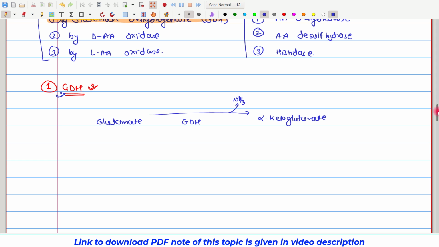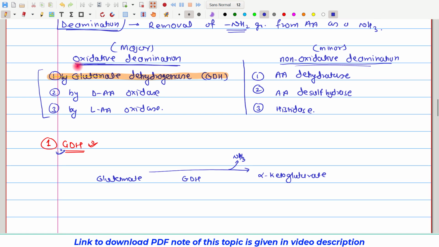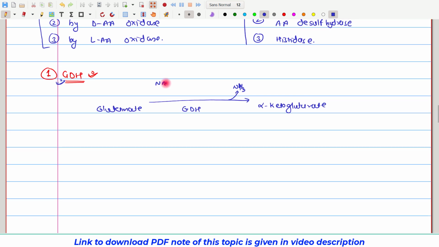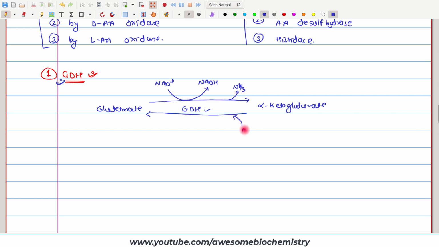But here, as I told you earlier, this is oxidative deamination. So, oxidation also occurs, and NAD plus gets converted to NADH. Now, just like transamination, this deamination is also reversible. Alpha ketoglutarate can be converted back to glutamate by the same enzyme, and in this reverse direction the amino group gets added to alpha ketoglutarate.